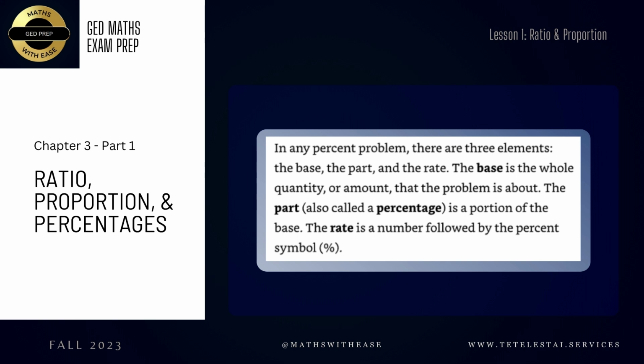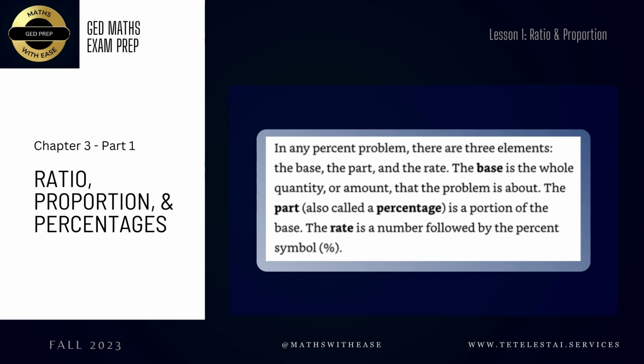In any percentage problem, there are going to be 3 elements: the base, the part, and the rate. The base is the whole quantity. So you can think of your base as your denominator.